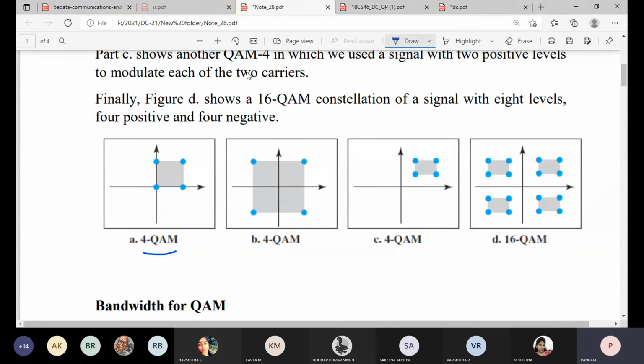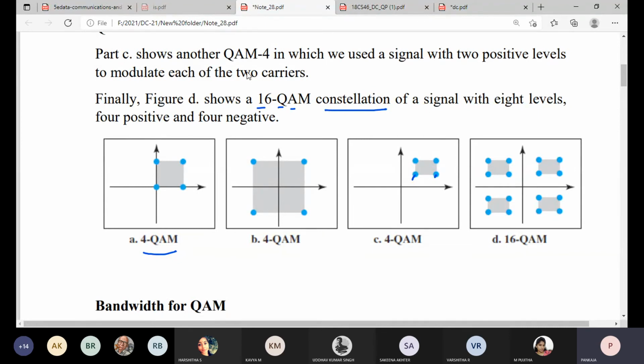Here the phase is the same, but the amplitude is going to be different for this and different for this. So you can get a variety of methods of writing the constellation diagram based on the amplitude and also the quadrature, that is the phase.